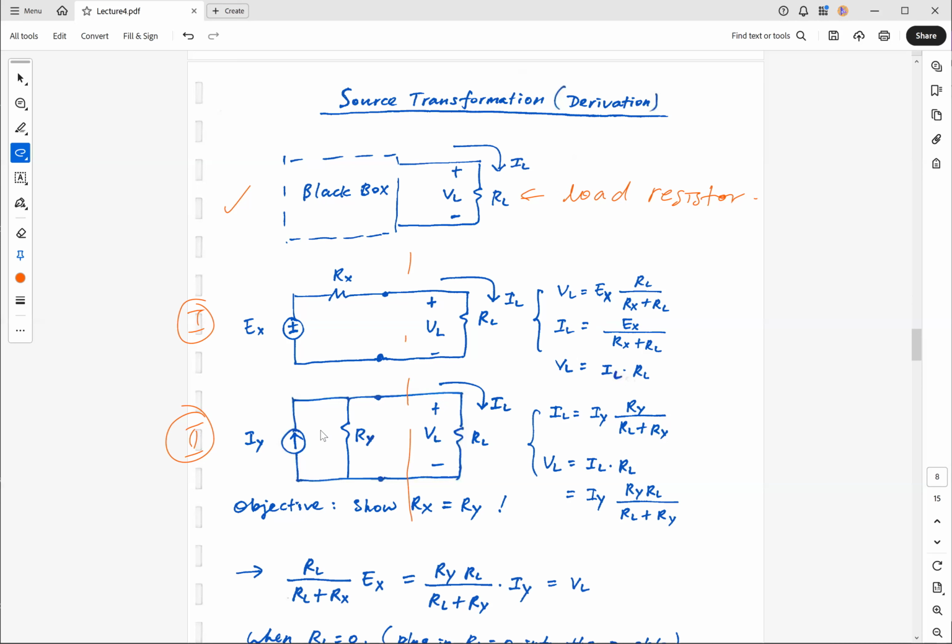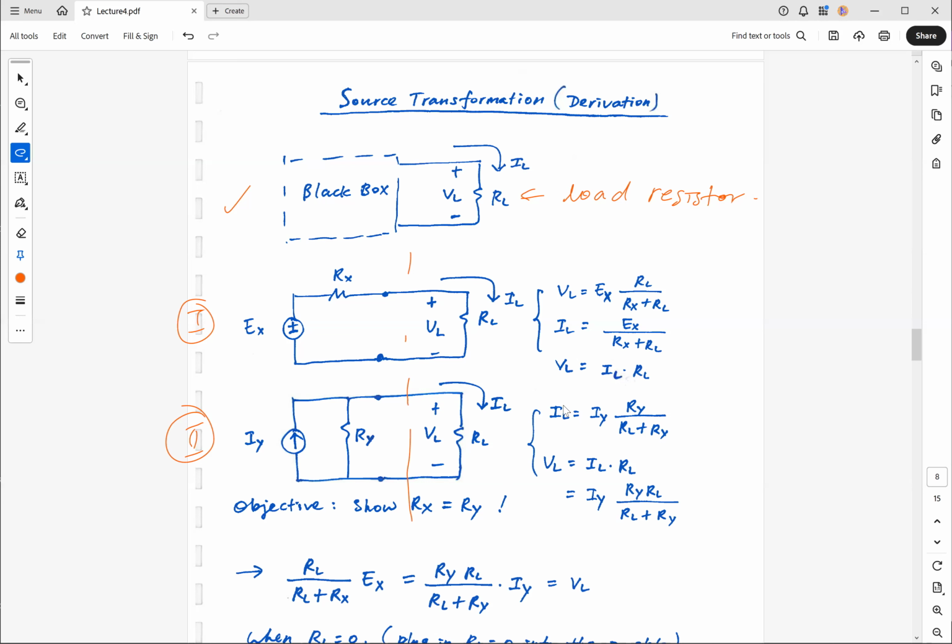I'm going to do a similar thing here for circuit number 2. So for IL, I'm going to use a simple current division, because we have this current source, and this current is going to be split into this resistor Ry and RL, depending on the weighting of the resistor sizes.